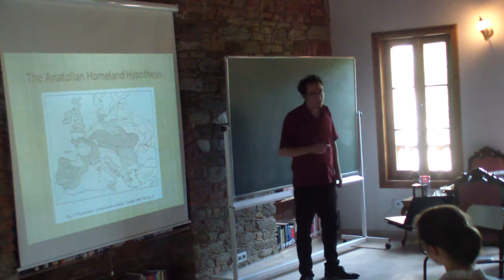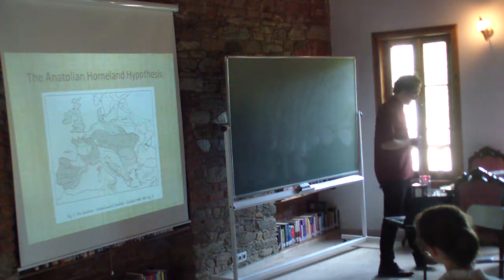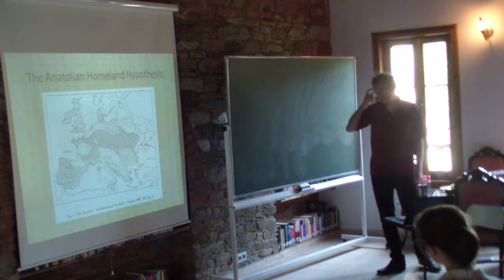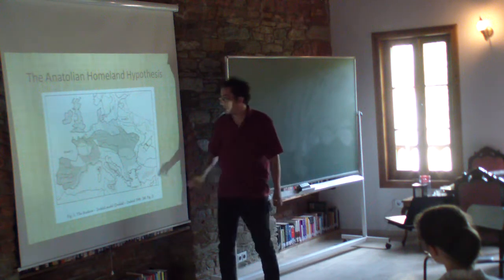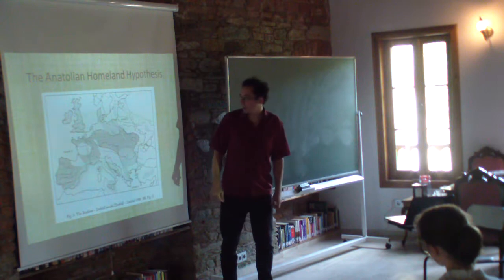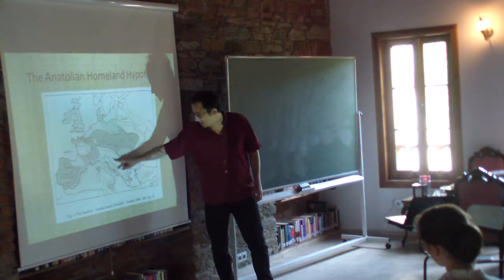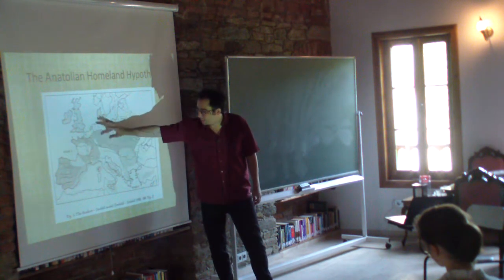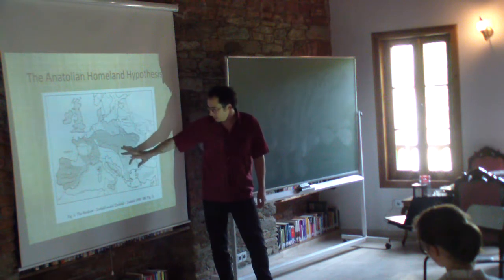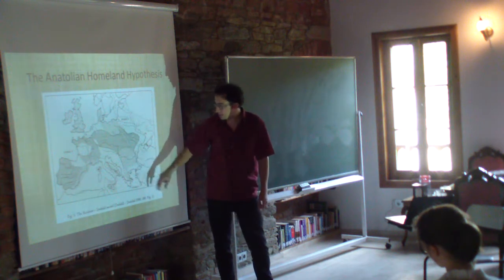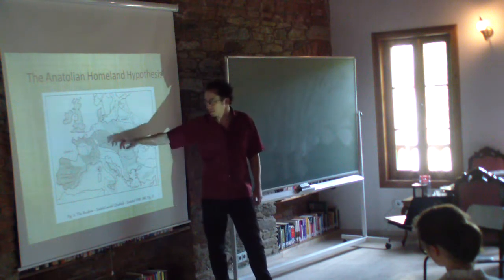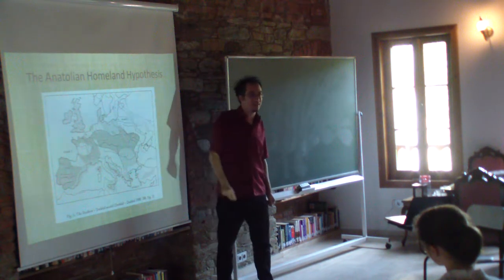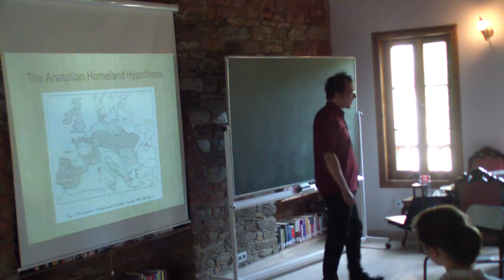However, Renfrew and some of his followers modified this theory, claiming, you can see here three stages, that there was a stage, somewhere here, that included practically Central Europe, the Balkans, and Western Turkey, a bit earlier than 5000 BC, and that would be then the Proto-Indo-European homeland.